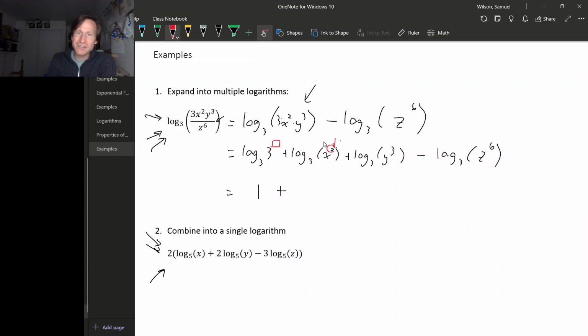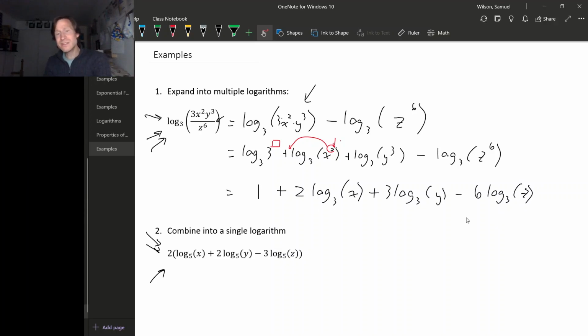So we can use our exponent rule and move this 2 down here. So 2 log base 3 of x. And then we can do that for the other logarithms as well. So plus 3 log base 3 of y minus 6 log base 3 of z.